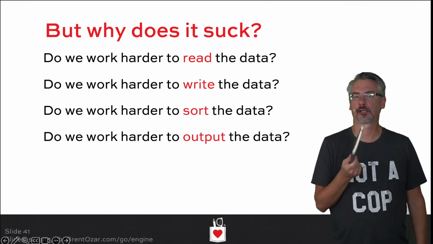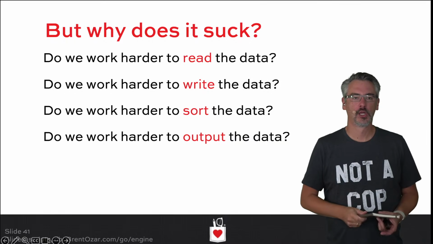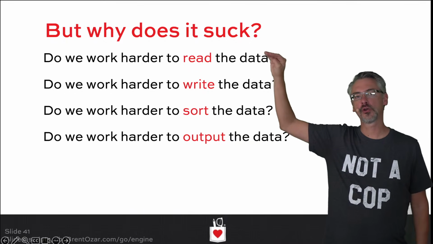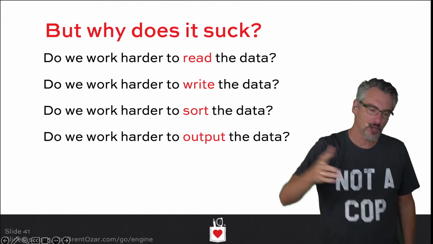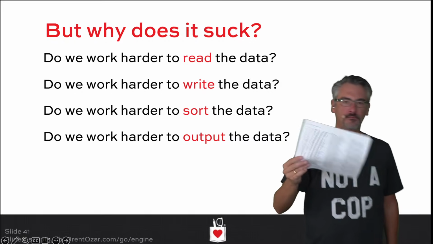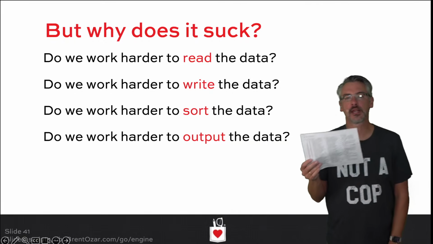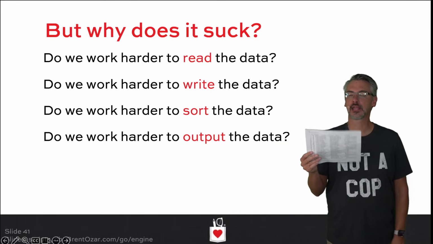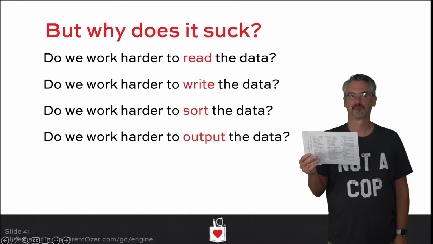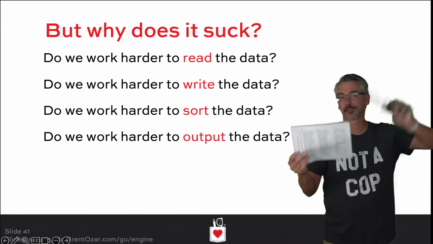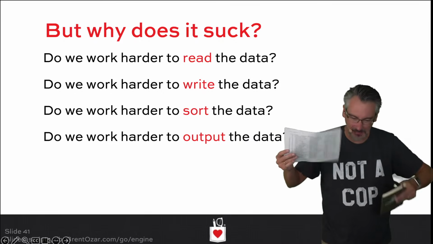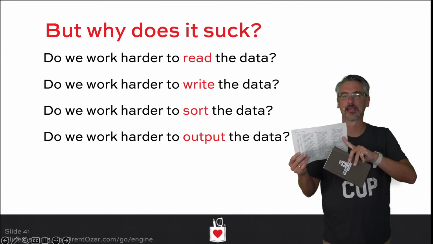Let's get into a little bit more specifics though. Why does it suck? Do we work harder to read the data? Or another way for me to say that, do we read more 8K pages? You wouldn't think so. You would think that a clustered index scan is a clustered index scan, but it's because of that stupid about me.